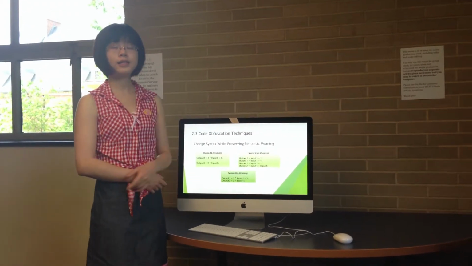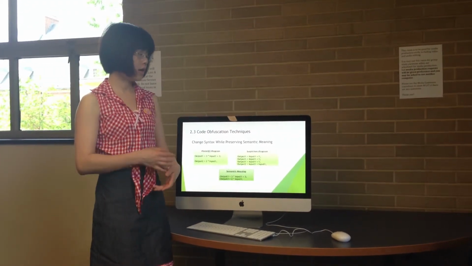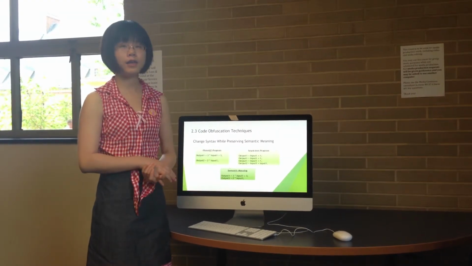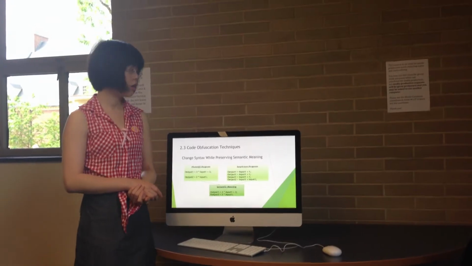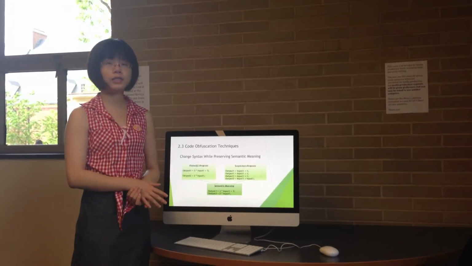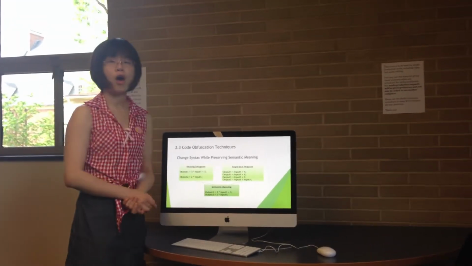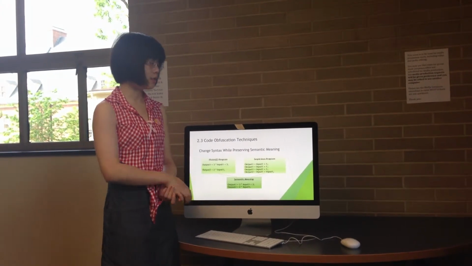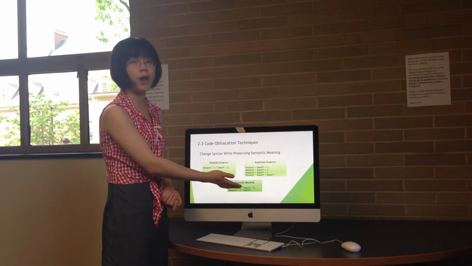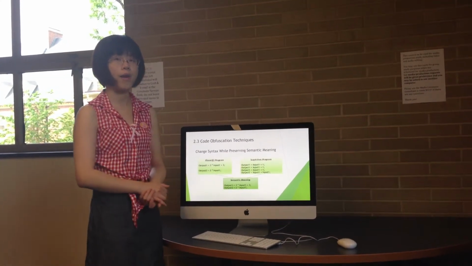Based on this, syntax detection is not appropriate and is not robust. We have to detect the semantic meaning of the two programs, and based on the semantic meaning, analyze whether one program copied from another program.